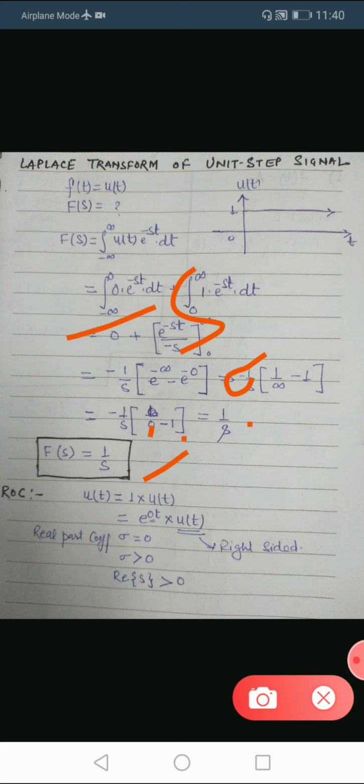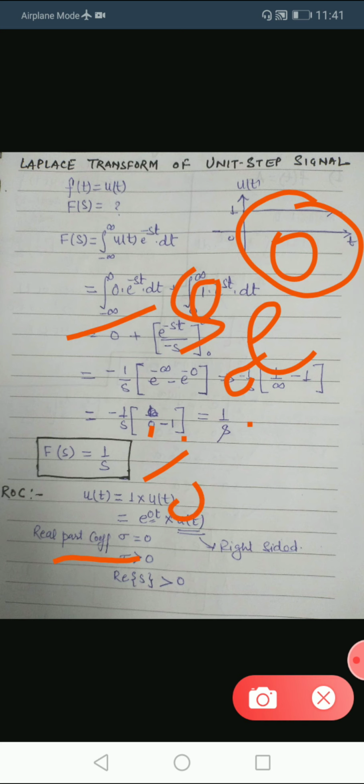Here the real part of the coefficient, sigma, is equal to 0. Here this 1 is e to the power 0, the coefficient is 0, so sigma is 0.